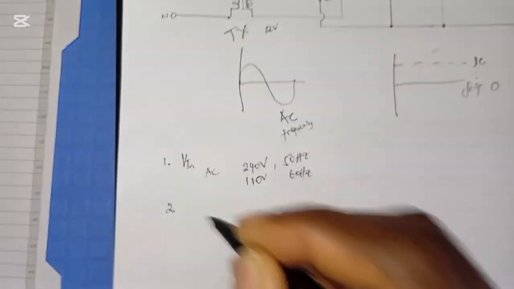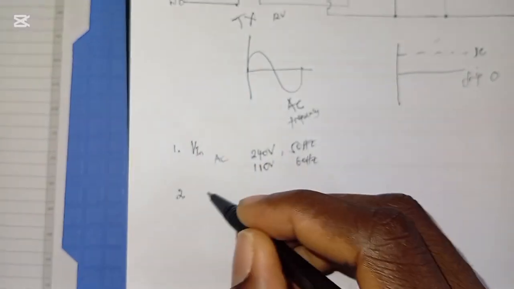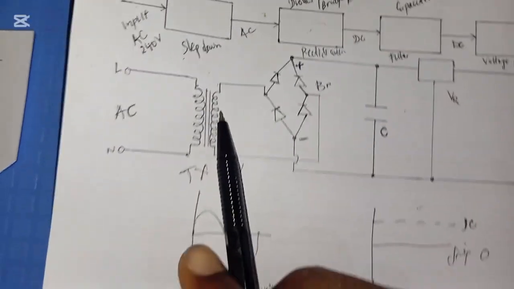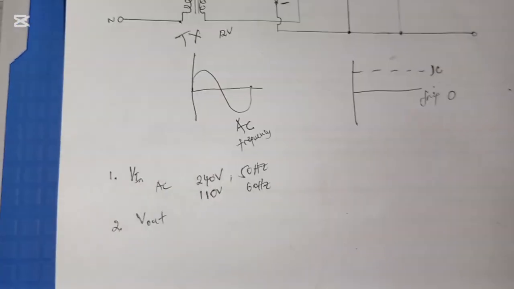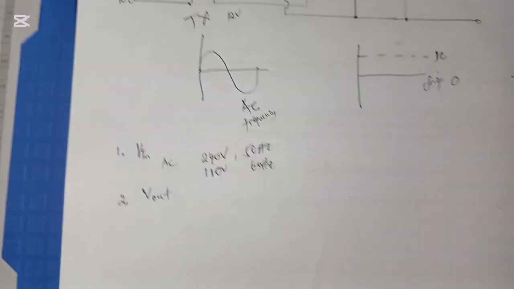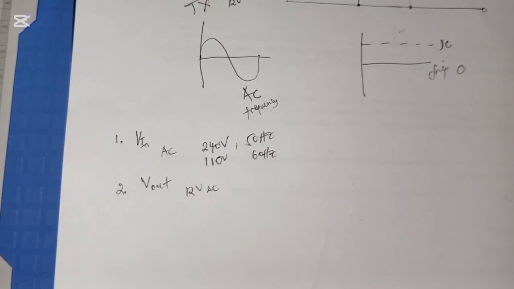Number two, when choosing a transformer, you need to know the output voltage, Vout. What output are you going to get at the output of this transformer? What is your voltage output? The transformer I have here gives us 12 volt AC, still alternating current.